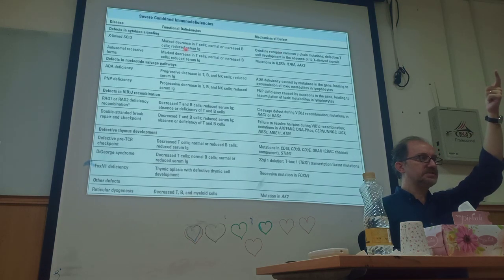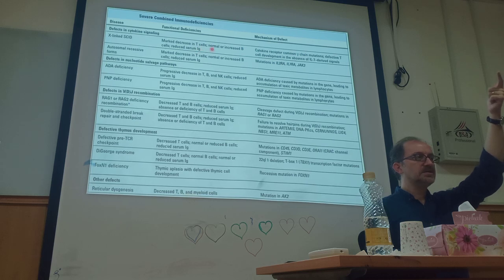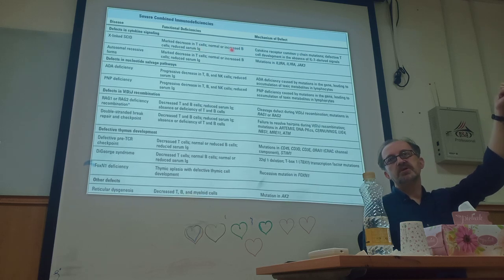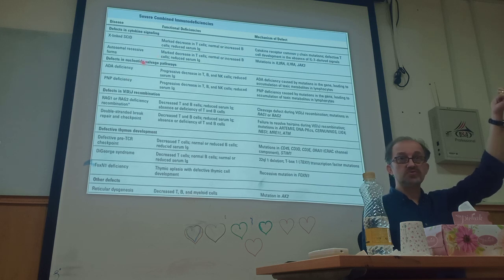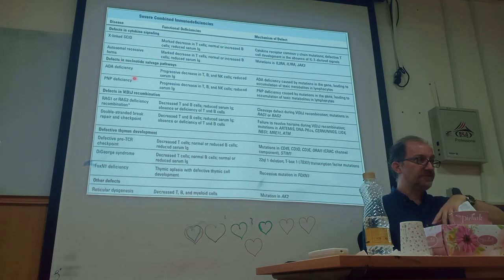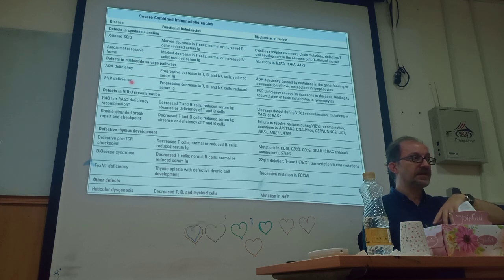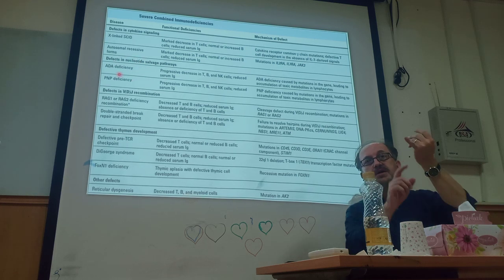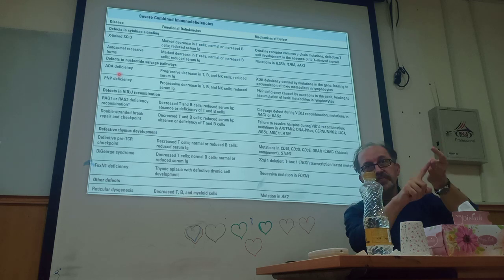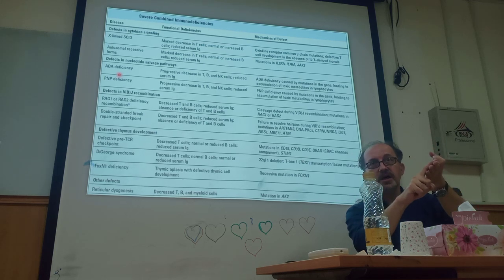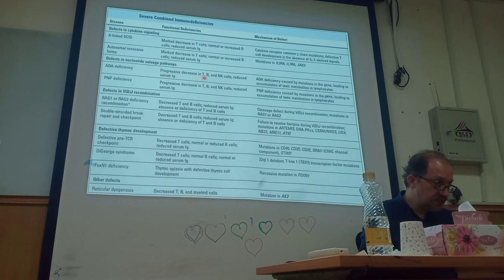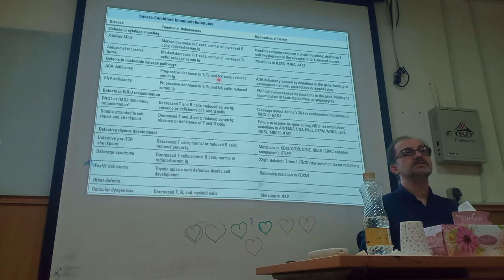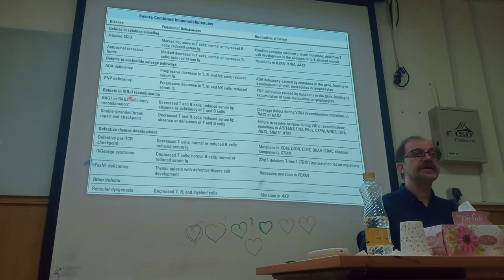They have markedly decreased T cells, normal or increased B cells. This is the first group. Have a look at the second group, ADA or PNP, defects in the purine salvage pathway. What was the result? No T, no B, no NK. Am I right? Yes. Please have a look: progressive decrease in T, B, and NK. Is it difficult? The third group, VDJ recombination.